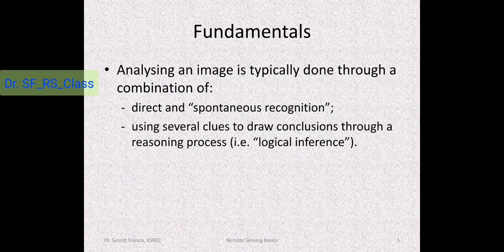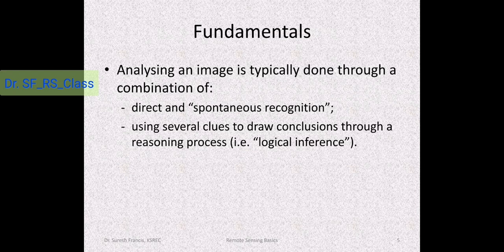When you see satellite data for the first time, you will immediately find, oh, these are all vegetation. These are all water bodies or river network. These are all roads. As per the experience of the expert, he will immediately be able to identify the objects that can be spontaneously delineated.